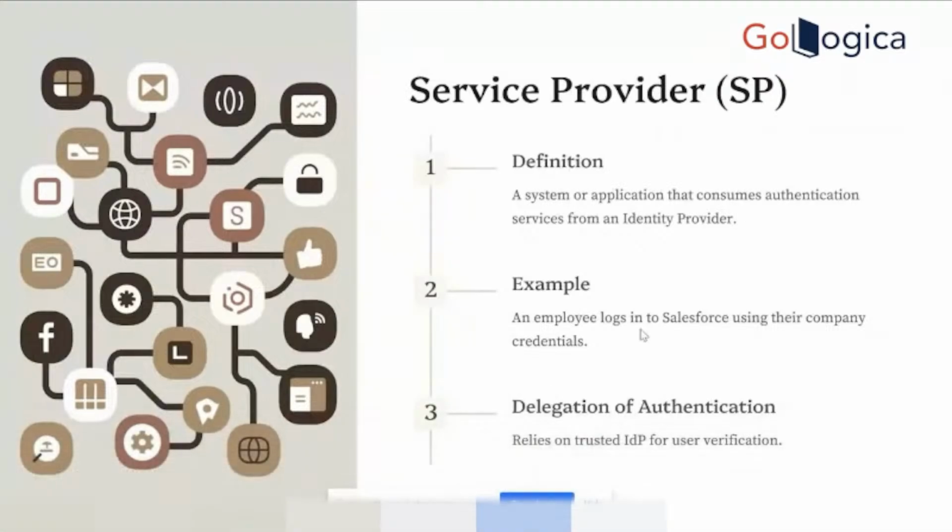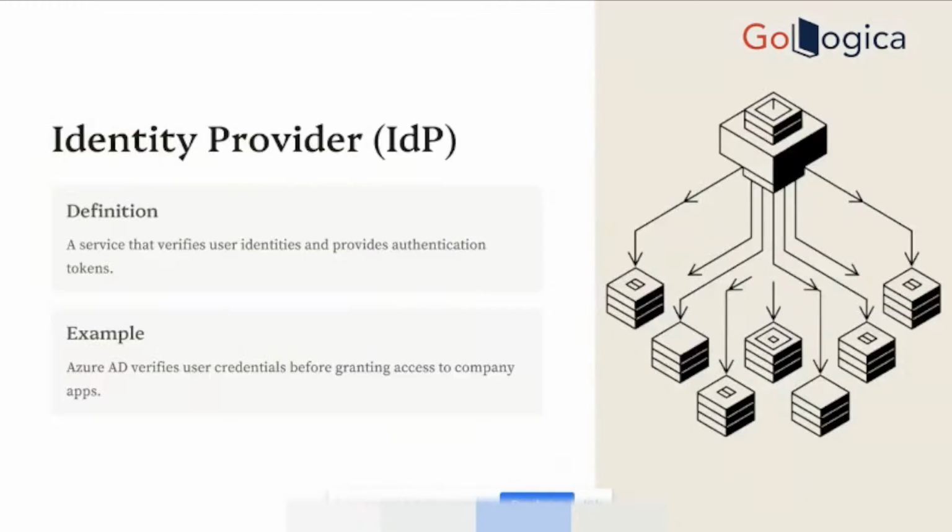So do you understand these things? These are the major terminologies we talk about many times, and you will see these words in your future, with many terms like service provider and identity provider. Just focus on that part. There are two things. One is your identity provider, where all the identities are stored, managed, or authenticated.